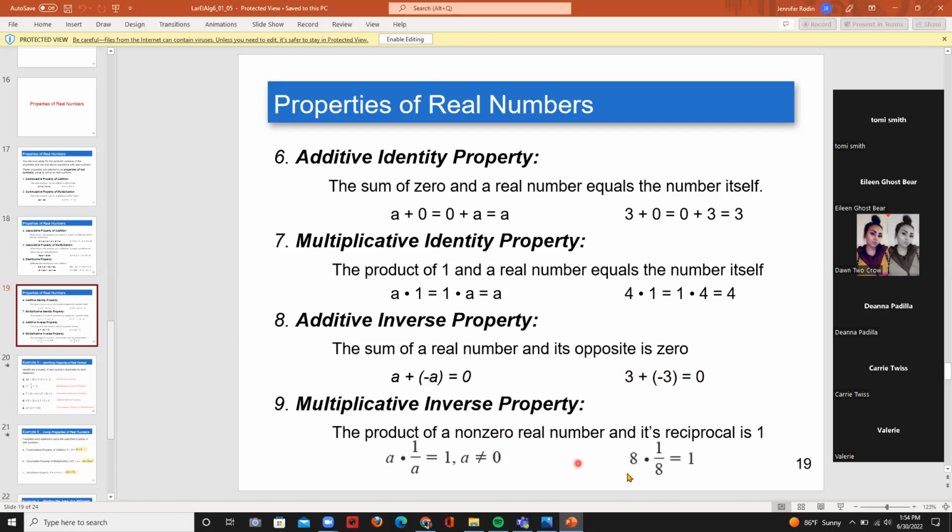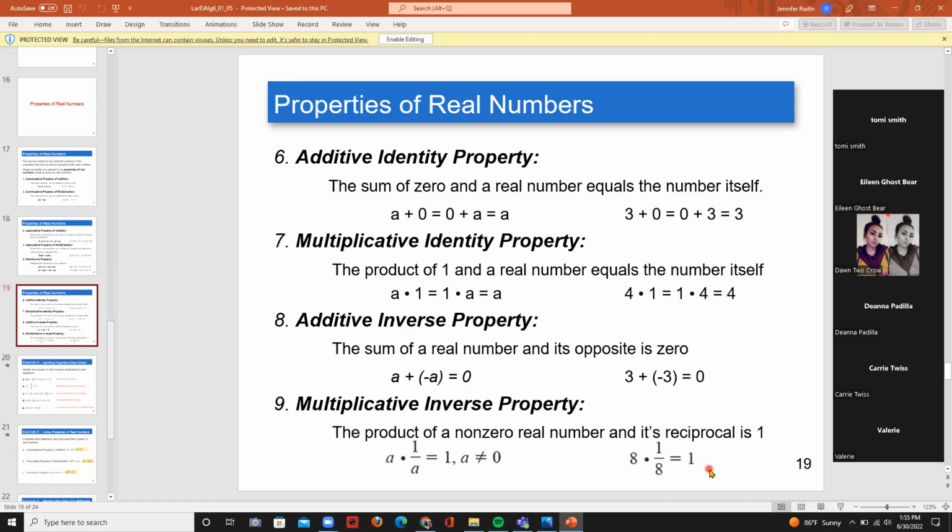And then the multiplicative inverse sounds more complicated. It's just the word though. It's the number that you multiply by something to get back to that identity that I just mentioned. You want to get back to that identity of 1. So if you had 8 with a variable x, like 8x equals 32, and you want to get the 8 off of there, you multiply both sides by 1/8 or divide both sides by 8, and you'd get that off of there.